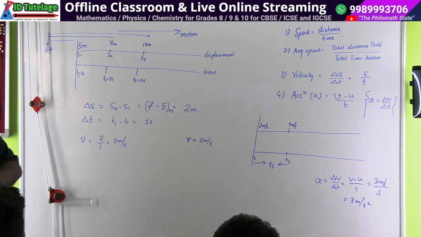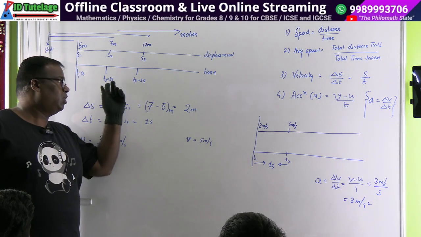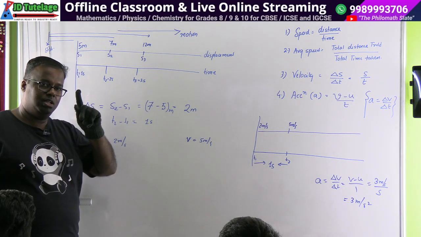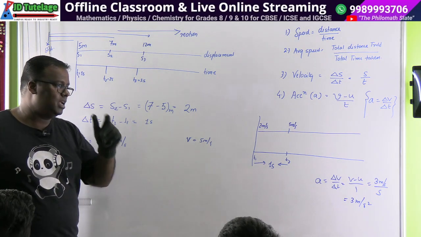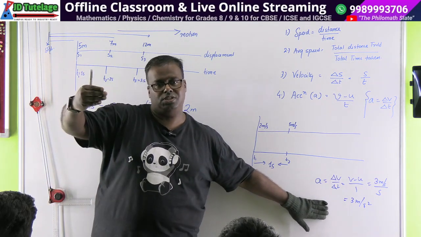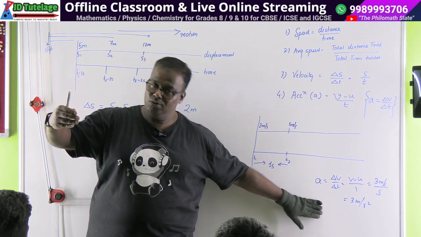Yes. Now just imagine, from here to here, what is the time elapsed? 1 second. In 1 second, how much did the velocity change? 3 meters per second. Are you understanding?